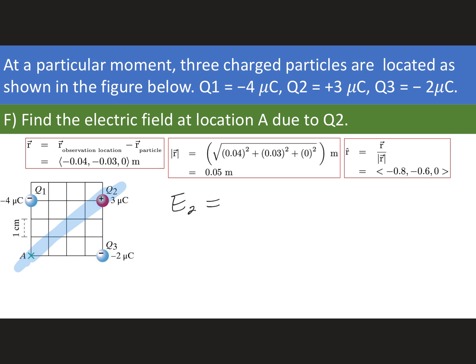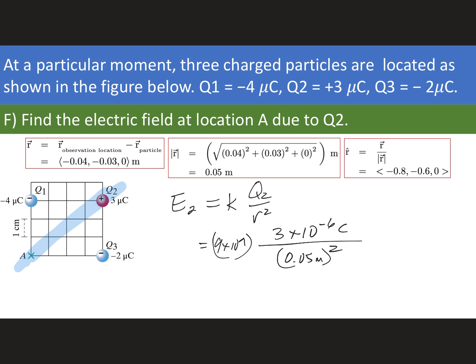So E2, again, K Q2 over its R squared. So 9 times 10 to the 9th. Q2 is 3 times 10 to the minus 6 coulombs. And what was this? 0.05 meters squared.